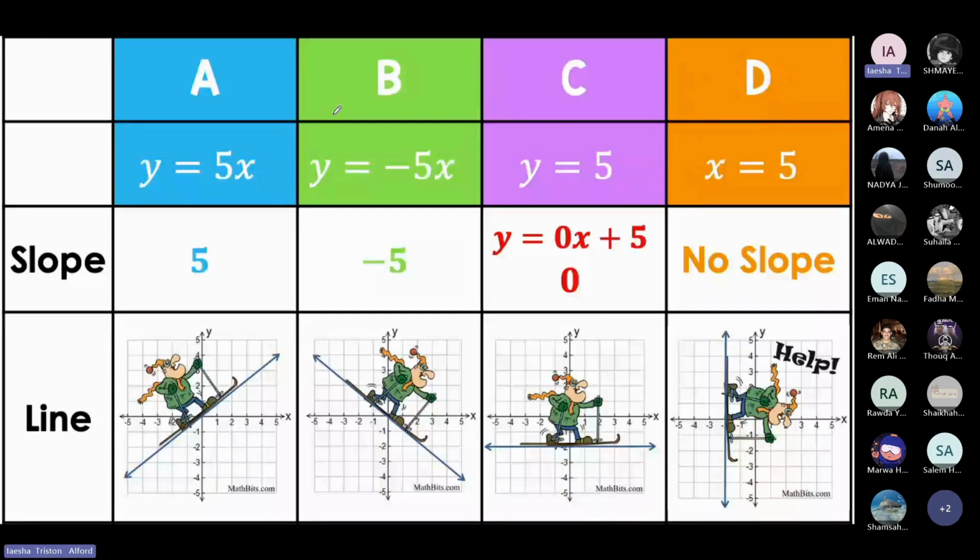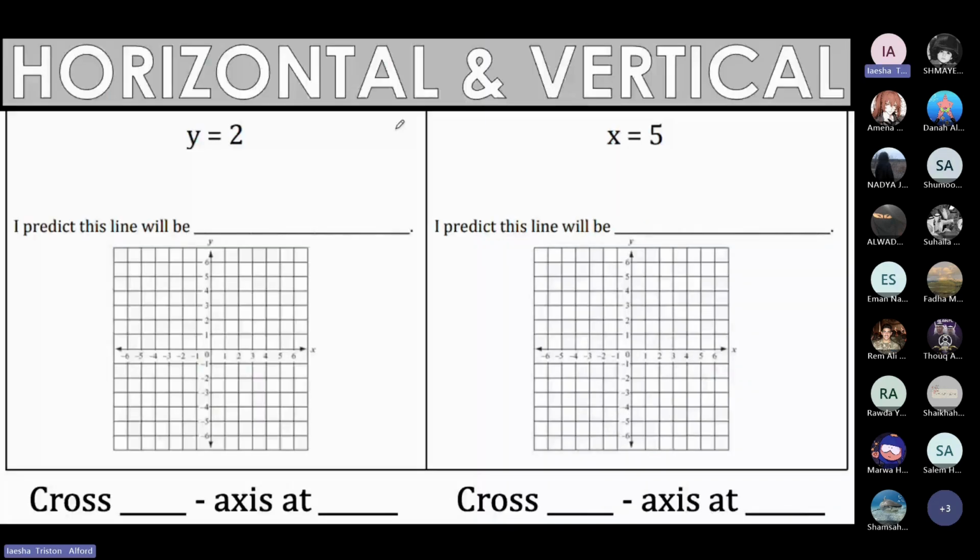A and B are more from grade 8. In grade 9, they want to know, can you say what is the horizontal line and the vertical one? And this is the one you are still getting confused. So here, this equation is y equal positive 2. What slope should you have here?